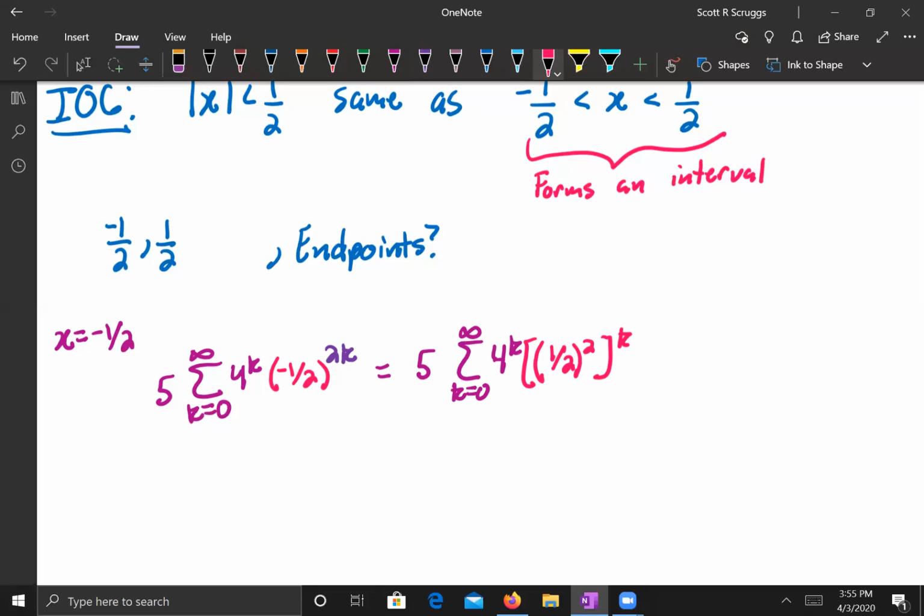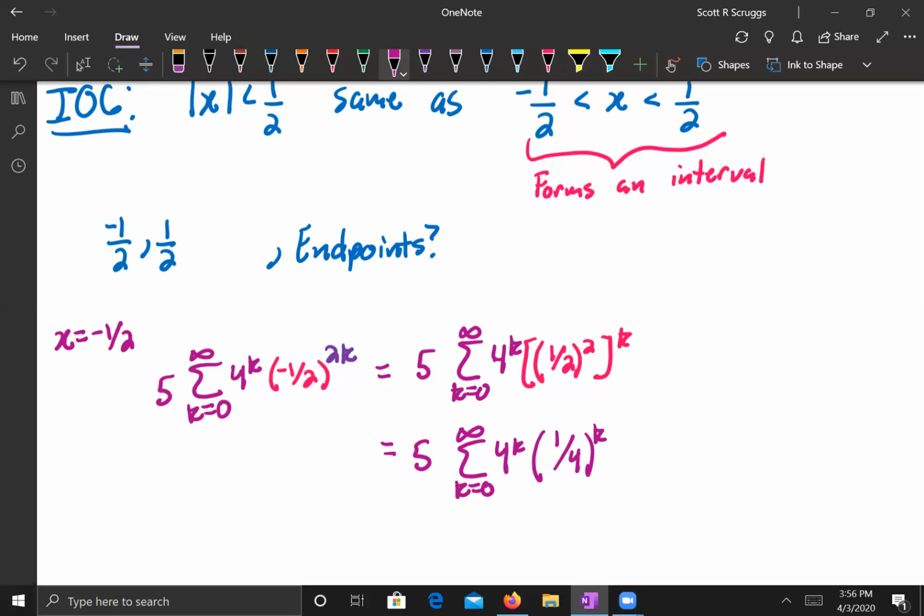And the reason why I'm doing this is I want to try to simplify my new series once I plug in negative 1/2. 1/2 squared is 1/4 raised to the kth power. Means I have 5 times the sum, k equals 0 to infinity, 4 to the kth power, 1/4 to the kth power.